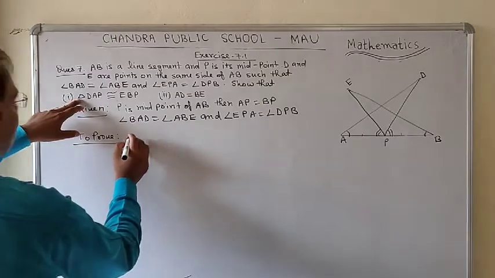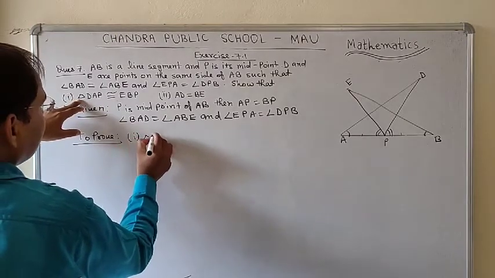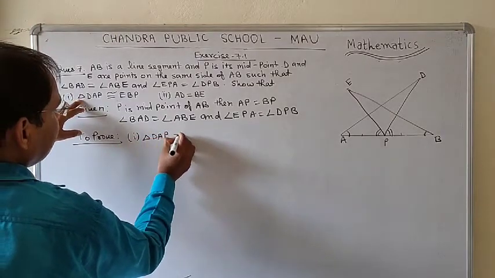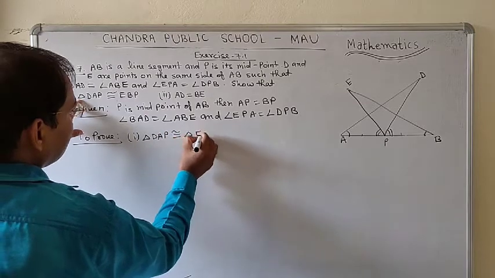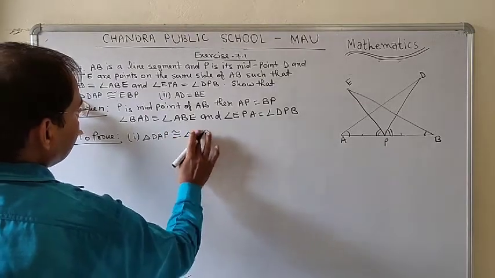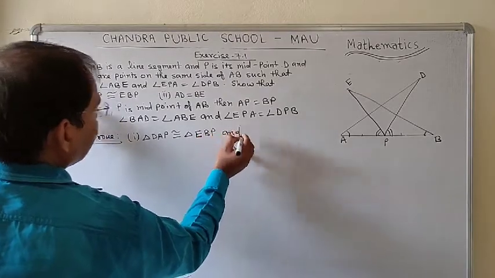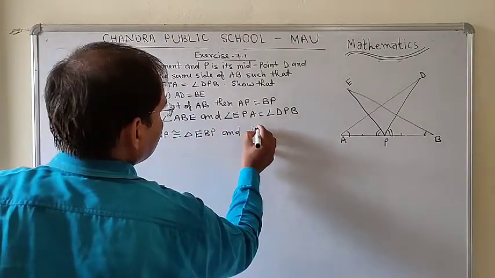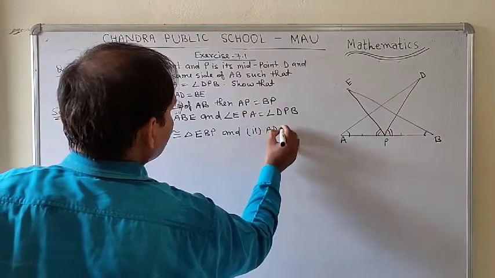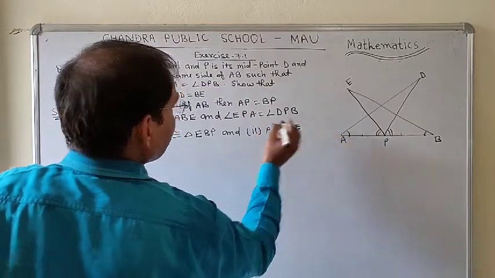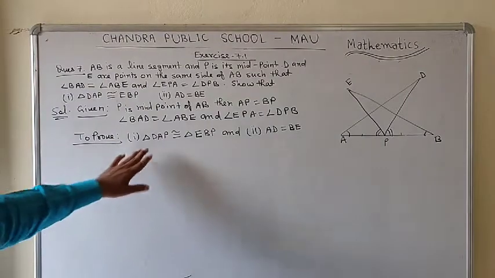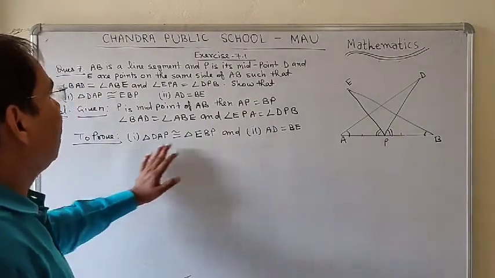Here you are going to prove the first part, triangle DAP congruent to triangle EBP, and the second part, you need to prove AD equals BE. So these two things you need to prove.